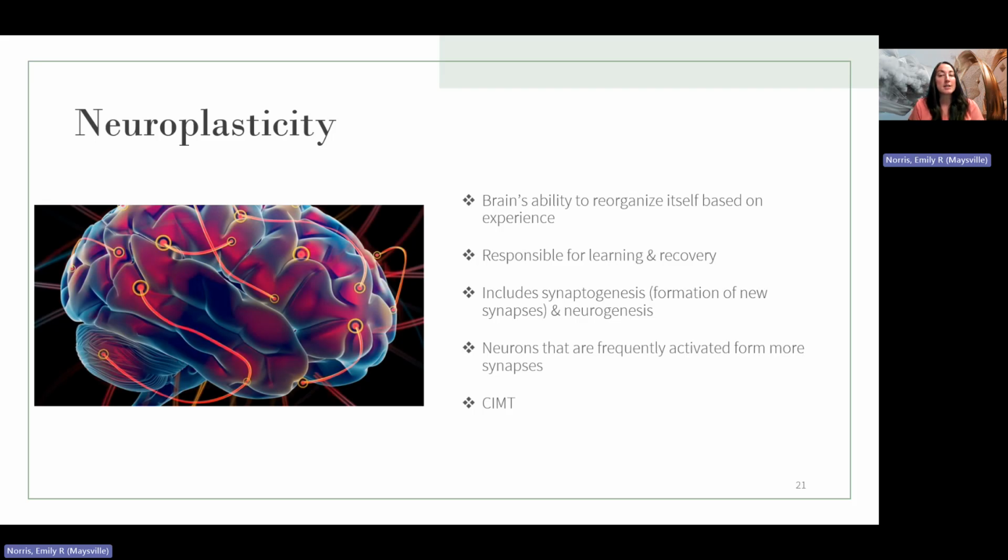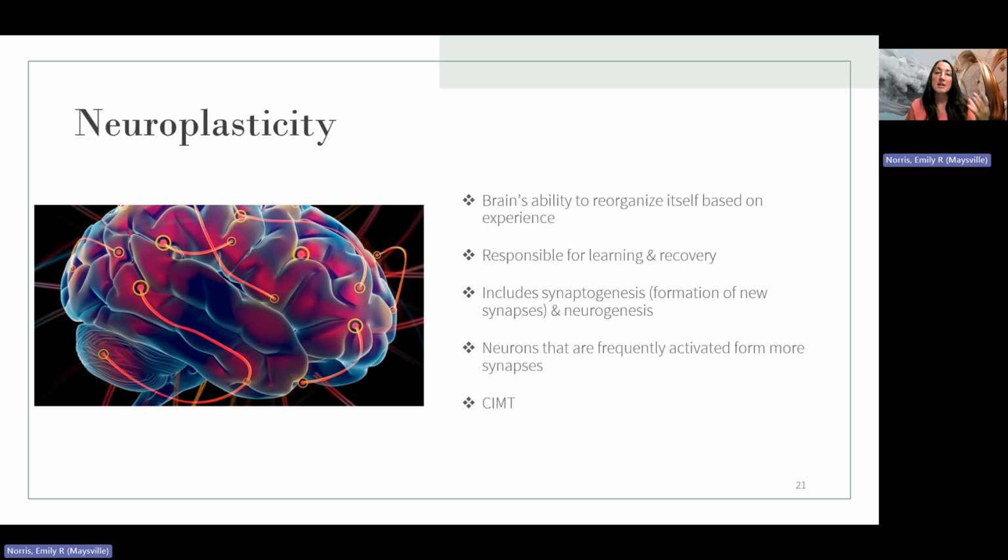CIMT is constraint-induced movement therapy. Your book actually refers to this in some areas as forced use, but you basically constrain the affected side by either a brace or an oven mitt or something that keeps you from using that side, and it actually forces you to use the affected side more, and they go through a very specific routine of physical therapy.